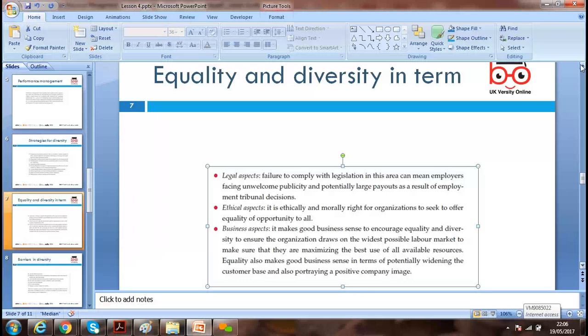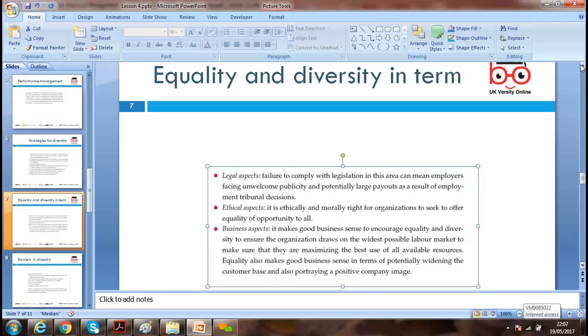In law, equality and diversity are very important to our organization's performance. It can be sued at the employment tribunal, which can penalize companies not fulfilling the legal aspect.